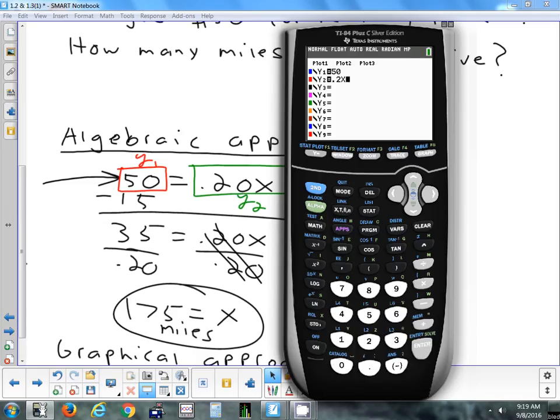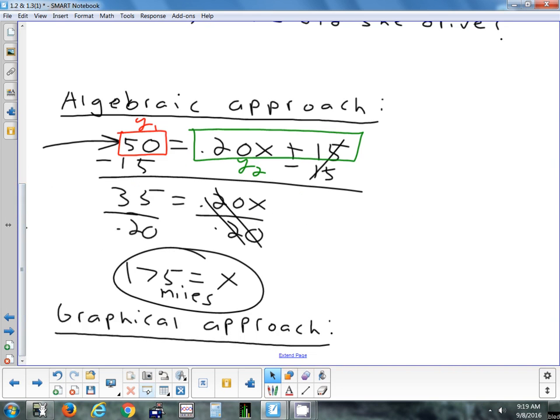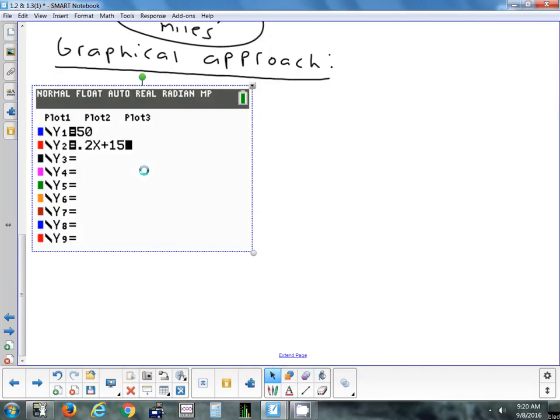It's 0.2x plus 15. And I'm going to hit graph, okay, after typing that in. Okay, what I'll do is I'll put a copy of this page in the notes so you can see that.